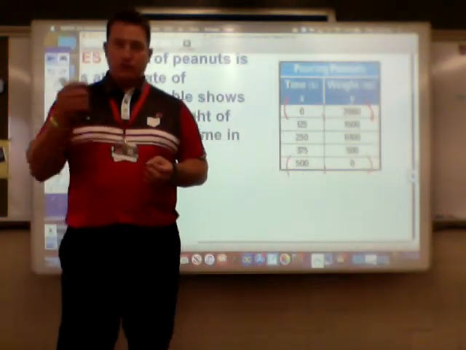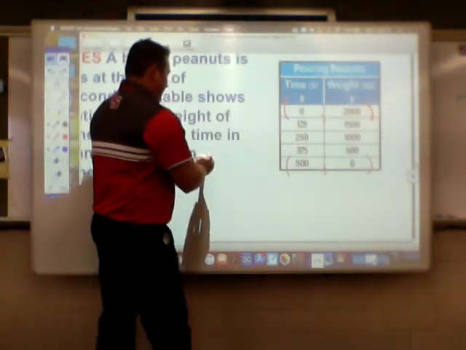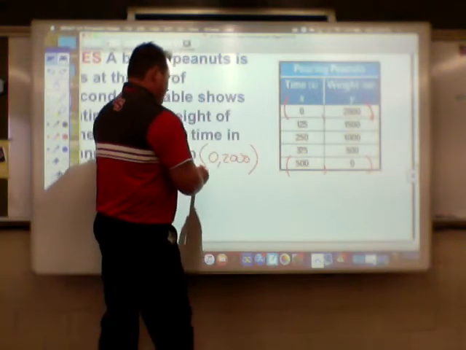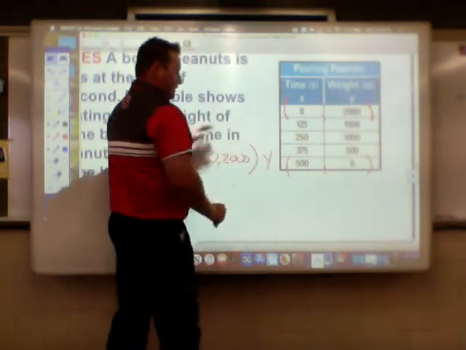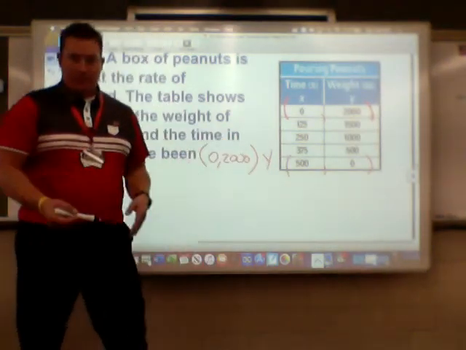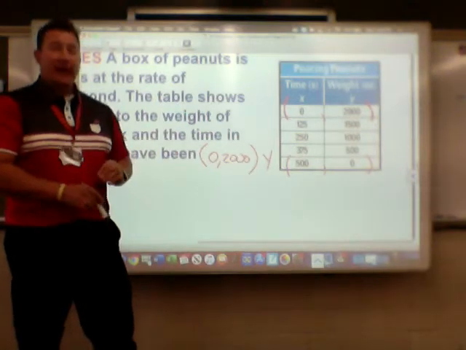So who's who? Who is the X-intercept? Who is the Y-intercept? Well, right here, when your X is 0 and your Y is that number 2,000, that is your Y-intercept. When X is a number, but Y is 0, that's your X-intercept.